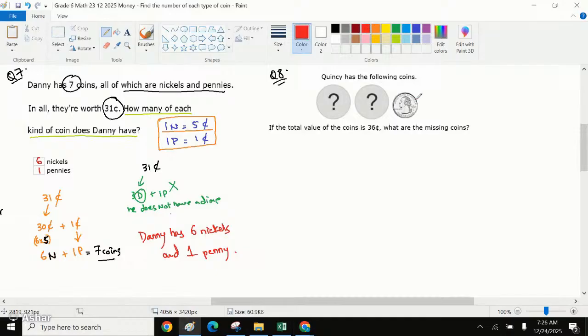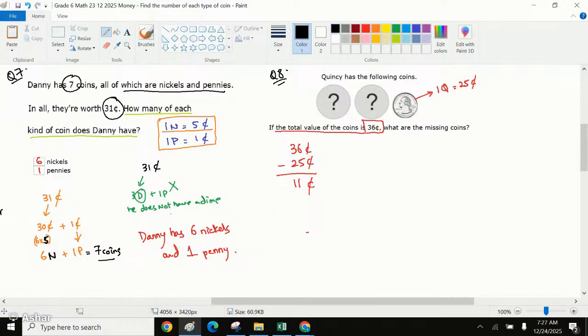What we are given is we have 1 quarter. That means she has a 25-cent coin already. The total value of the coins is 36, so 36 cents minus the quarter, right? And we would be left with 11 cents.